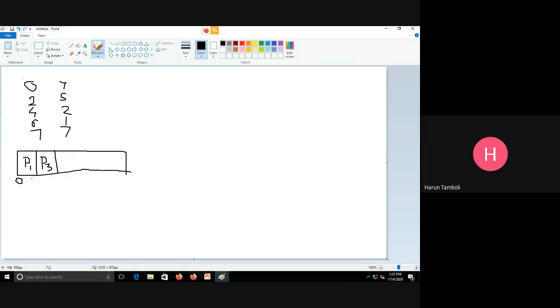So P3 will start executing. Then after 1 second, P4 is coming, but P3 remaining time is 1, P4's time is 1, so P3 will continue until 6. Wait, 4 to 6, yes, P3 gets completed and P4 will start.